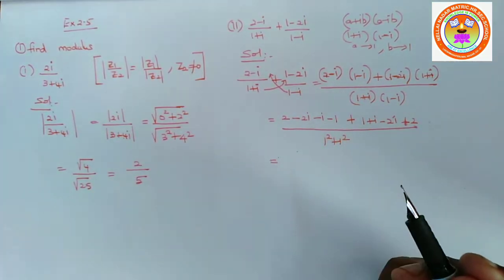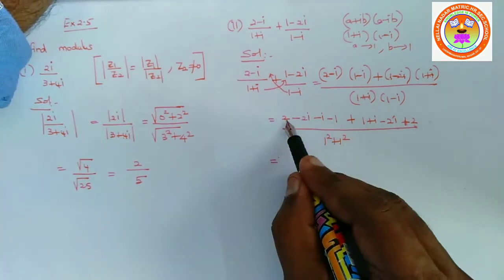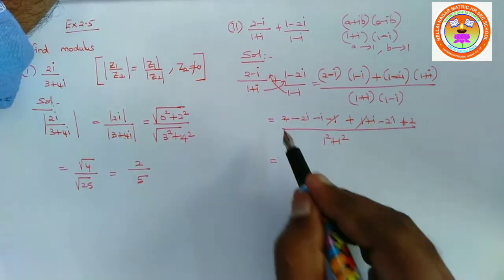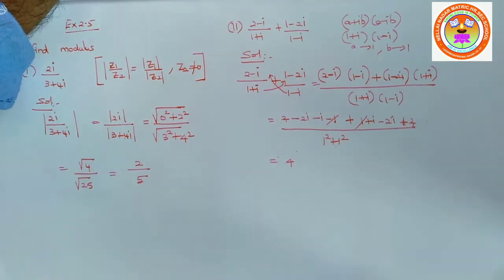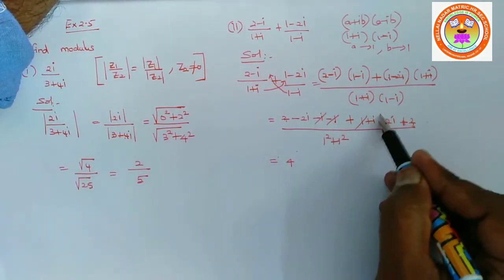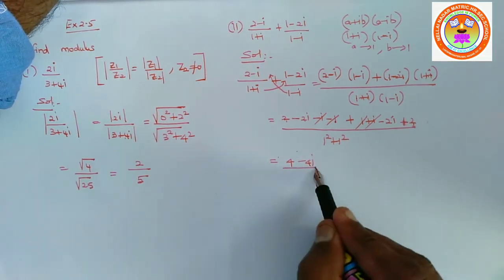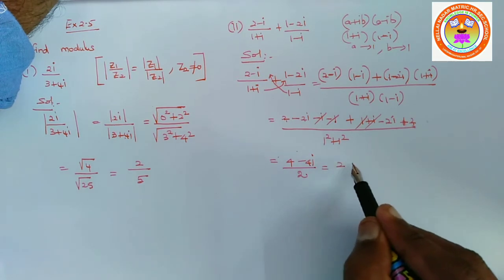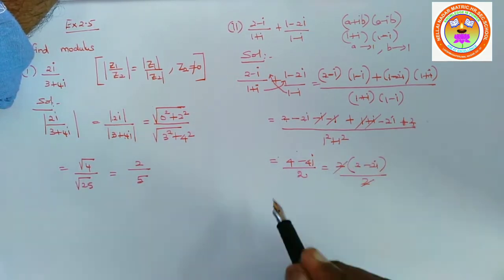So the numerator: 2 minus 1 is 1, minus 1 plus 1 cancel, 2 plus 2, which gives 4. Minus i plus i gets cancelled, minus 2i, which gives minus 4i, divided by 1 plus 1, which is 2. I can take 2 outside: 2 minus 2i divided by 2, the 2 gets cancelled.